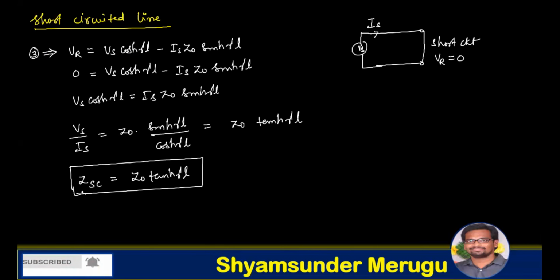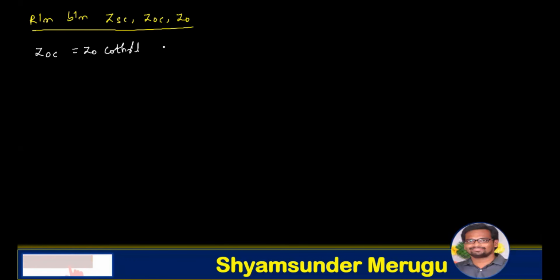Now we are going to see the relationship between the various impedances of the transmission lines: the relation between ZSC, ZOC and Z0. Here we know that ZOC is given as Z0 coth gamma l, let us consider this as equation 5, and ZSC is given as Z0 tanh gamma l, consider this as equation 6.